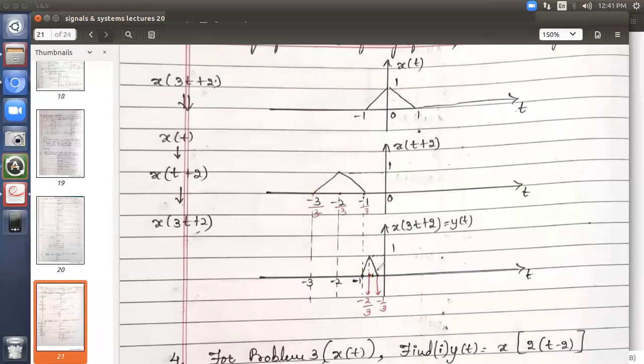If you see, this is your -1 point, this is your center point, 0.5. So a little bit more than 0.5 will be your 2 by 3. That I have marked here with the red pen. And this is your 0.33. So the range is between -1 to -0.33. The same signal I have drawn here, a smaller, compressed version.